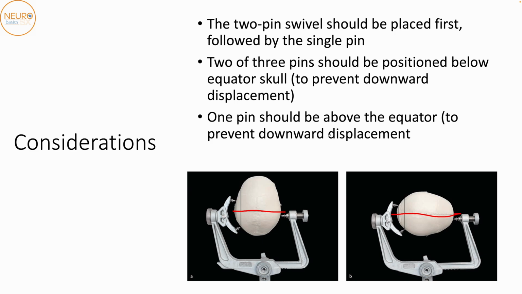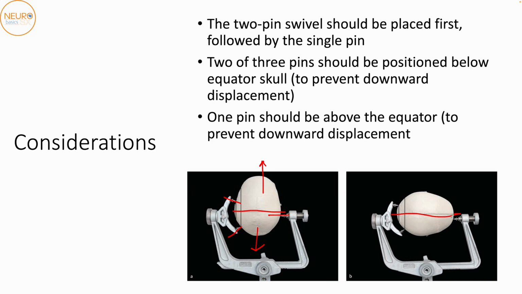Now a rule with that equator is that 2 of the 3 pins should be placed below the equator of the skull. So as we can see over here, 1 pin and 1 pin has been placed below the equator of the skull, and the other pin should be placed above the equator. Now the 2 pins below the equator of the skull basically act to prevent downward displacement of the skull, and 1 pin which is above will act to prevent upward displacement in case that might happen.